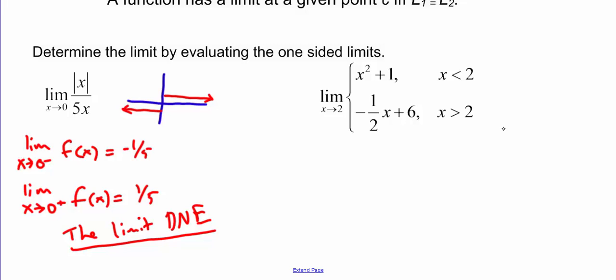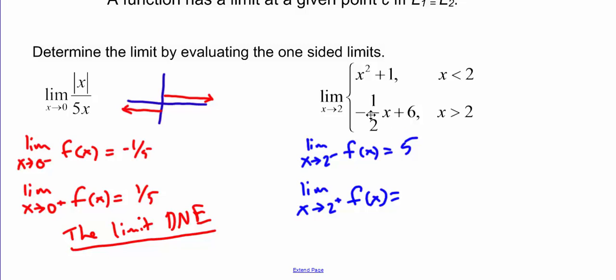We have a little piecewise function here. The limit as x approaches 2. So let's do the limit as x approaches 2 from the left of our function, and that would be this rule. As we approach 2, it would be 5. If we approach from the right, we'd be switching to this second rule.